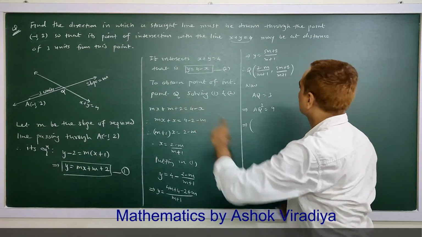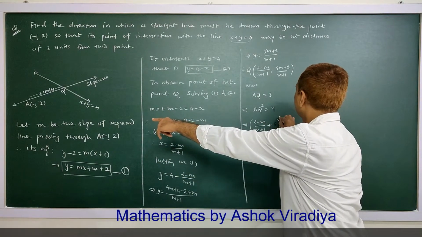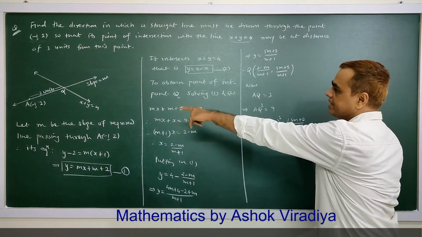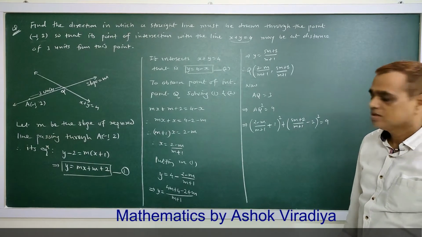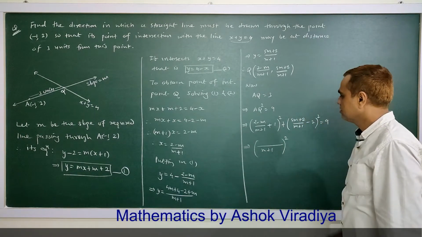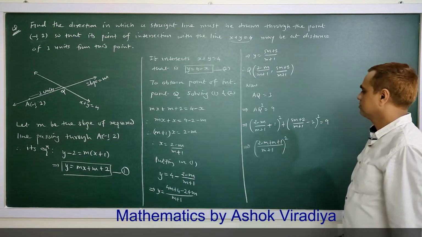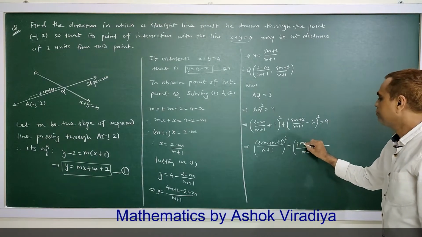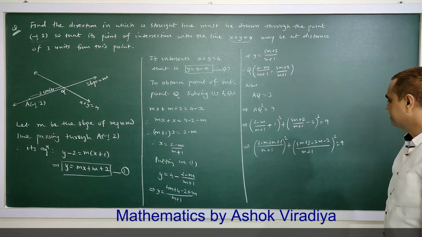So (x1 minus x2) square plus (y1 minus y2) square equals 9. Taking LCM m plus 1: ((2 minus m) plus (m plus 1)) over (m plus 1), whole square, plus (5m plus 2 minus 2m minus 2) over (m plus 1), whole square, is 9.